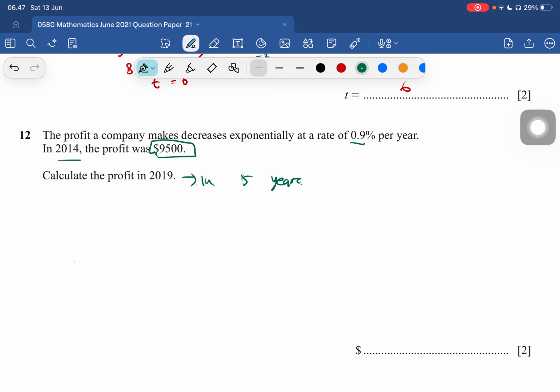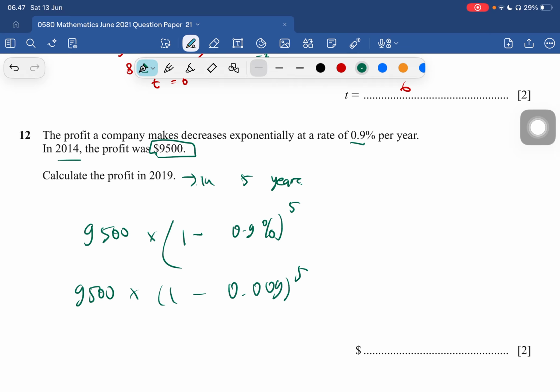So let's calculate it. The initial money is 9,500. We multiply by, as this is a decrease, 1 minus 0.9% to the power of 5. So 1 minus 0.9 over 100. 0.9 divided by 100 is 0.009, to the power of 5.